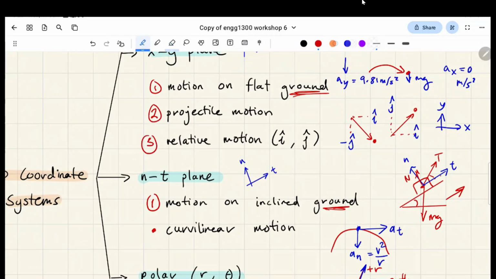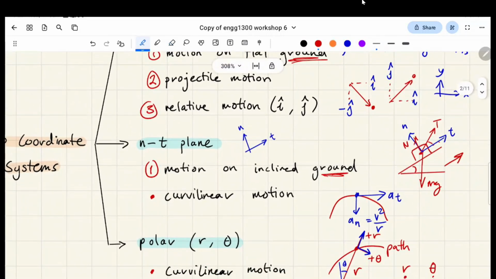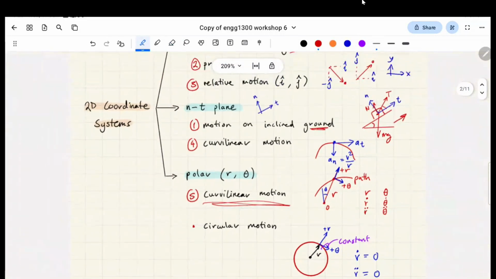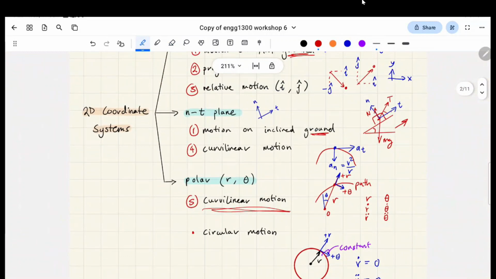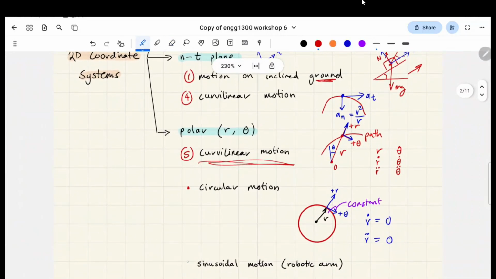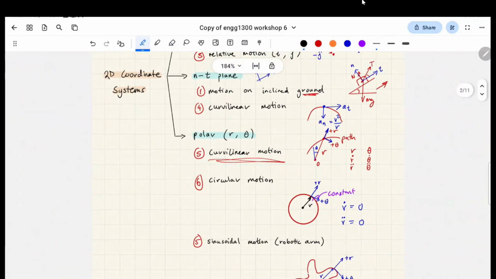Relative motion, I'll put that on 3. Curvilinear, 4. But you use different formulas for the curvilinear motion when you're using the NT system and the polar system, right? But you use the same ones for curvilinear and sinusoidal for polar. Circular motions, the formula is slightly different as well. So yeah, I'm gonna scroll down and you'll see what I mean.